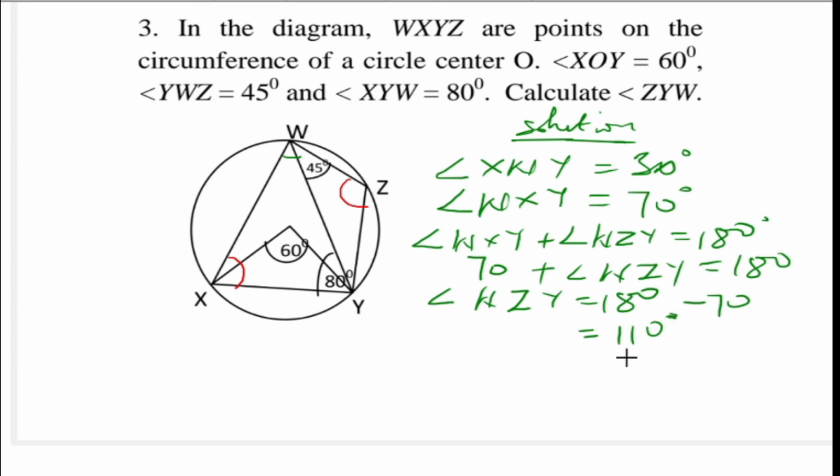All right, that is not the end. Now that we know this, we are taking triangle WZY, and the sum of interior angles of a triangle is 180 degrees. So if we know 45 here, we know 110 here, we can find here.